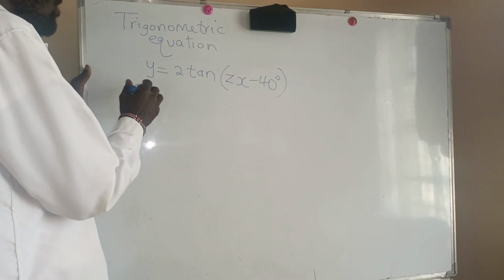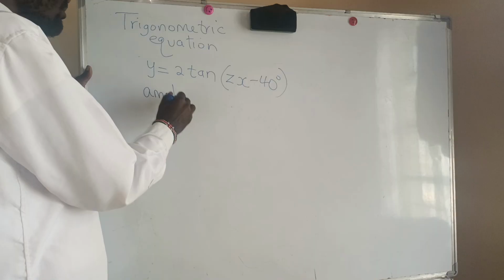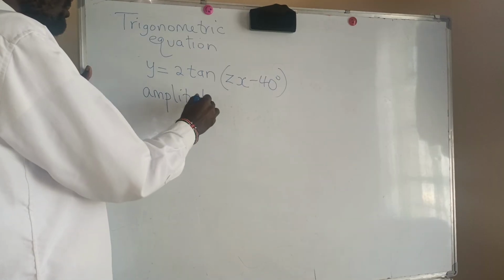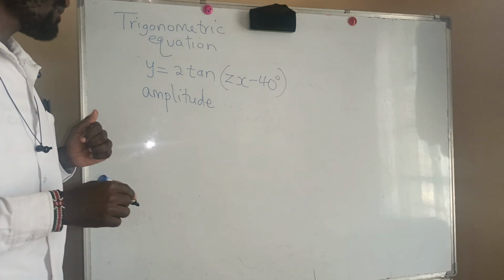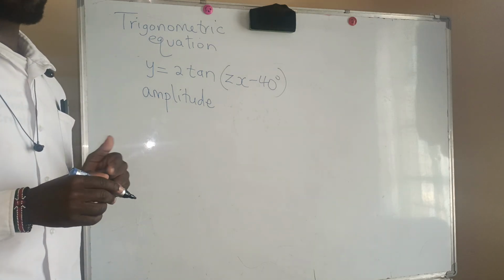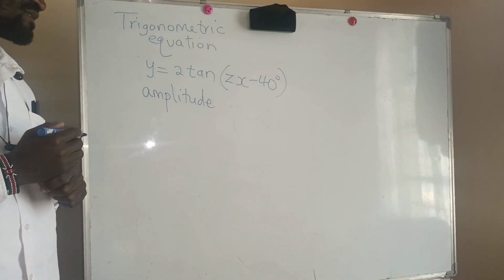So then, how do I get the amplitude? Amplitude in a layman's language refers to the maximum displacement on either side of the mean position or the x-axis.